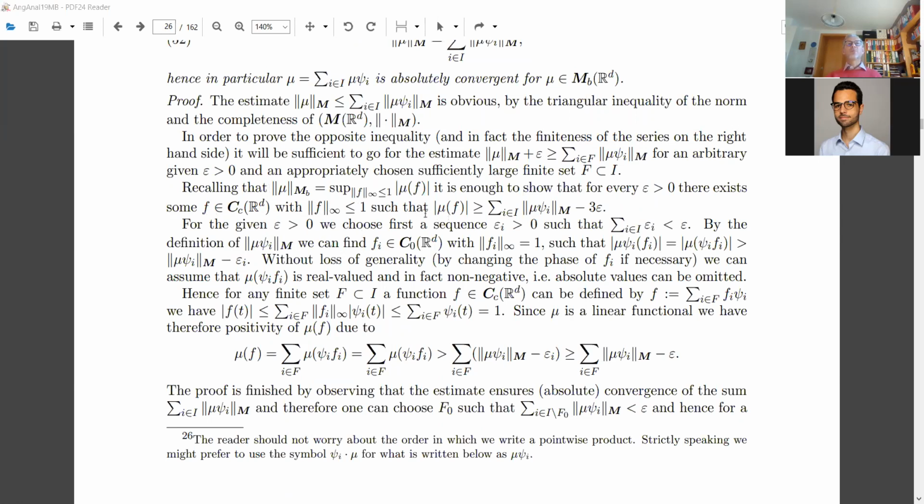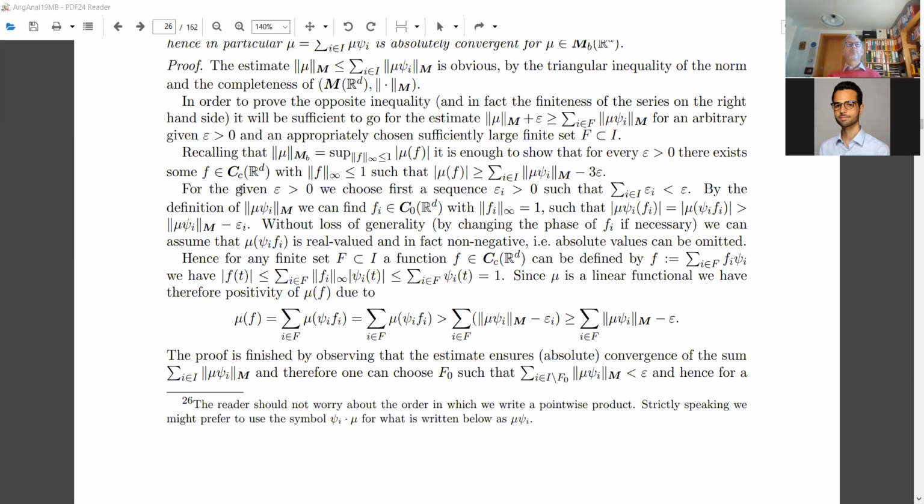We have to show that if we reduce our target number by epsilon, and it's more convenient to say 3 epsilon, we will find such a function. I have even put a function with compact support, because compactly supported functions are inside C0.